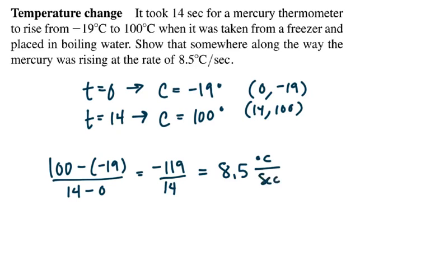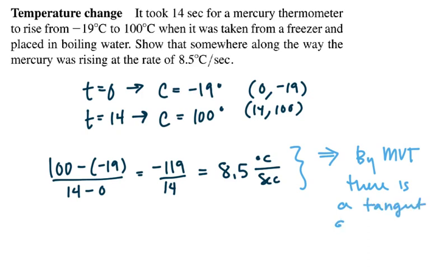And so we can say then, since the secant line has a slope of 8.5 Celsius per second, then by the mean value theorem we learned about, there is a tangent slope of 8.5 somewhere on that interval from 0 to 14.